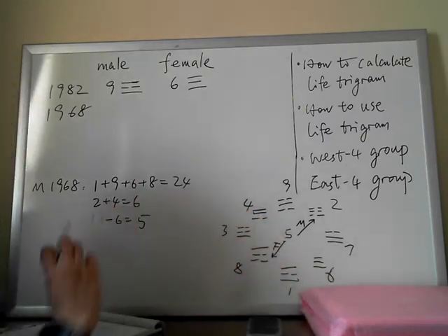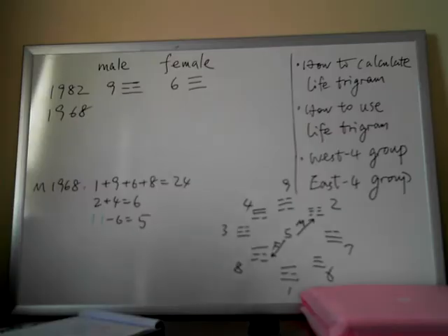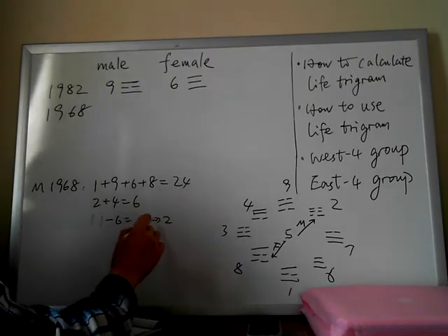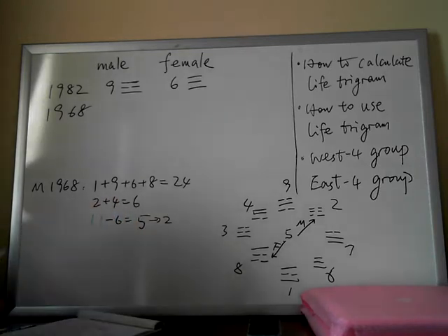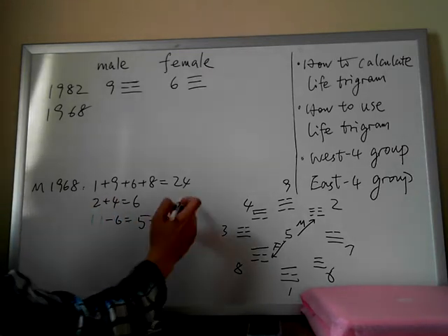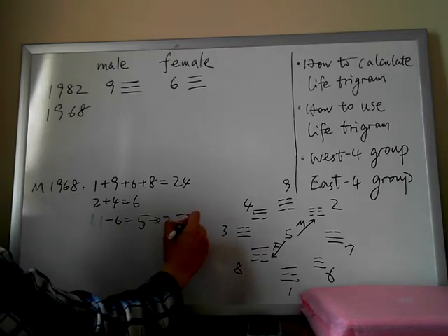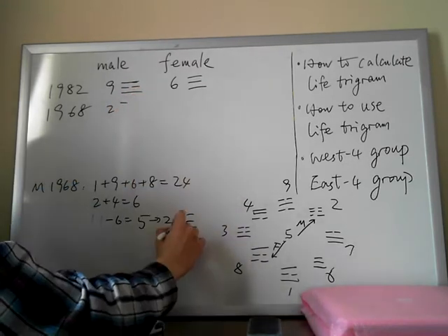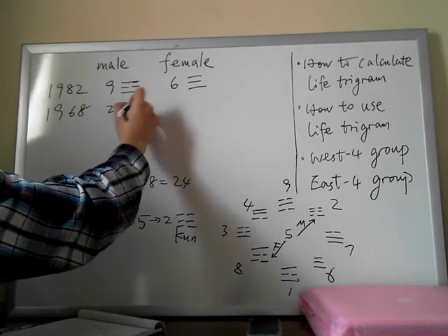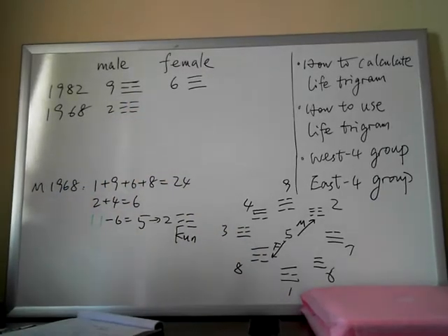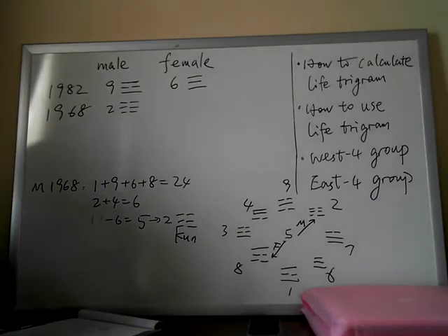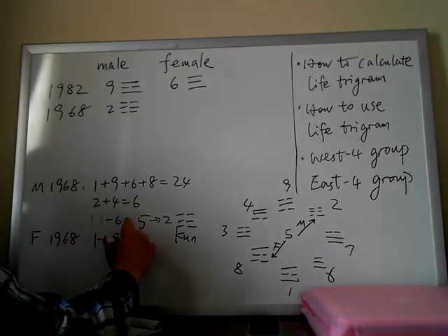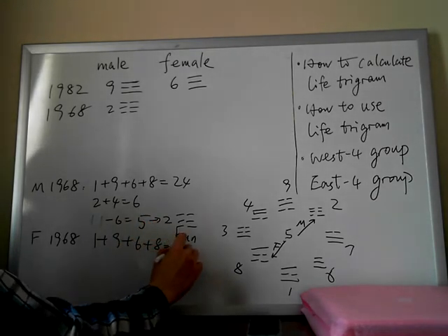So I use 2 instead of 5 for the male born in 1968. Kun is his life trigram.